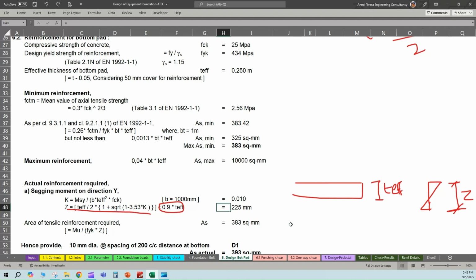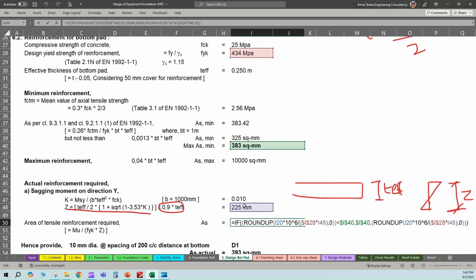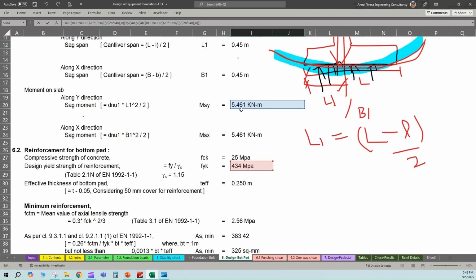So now the tensile reinforcement can be calculated as M Ed divided by fyd into z. Don't get confused that z is not the section modulus of the slab, it is the lever arm distance, as explained here. Applying these values, the z value is 225 mm, fyd is 434, and the moment we are getting is 5.471 kilonewton meter.